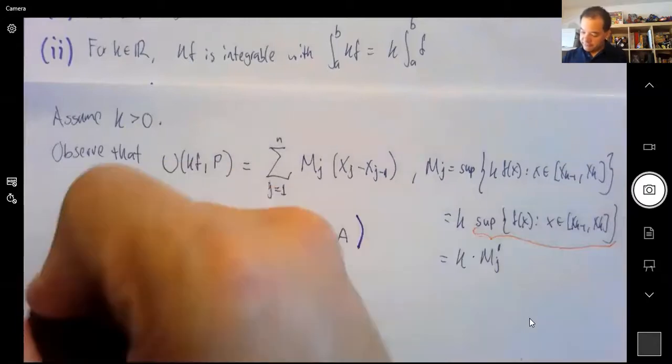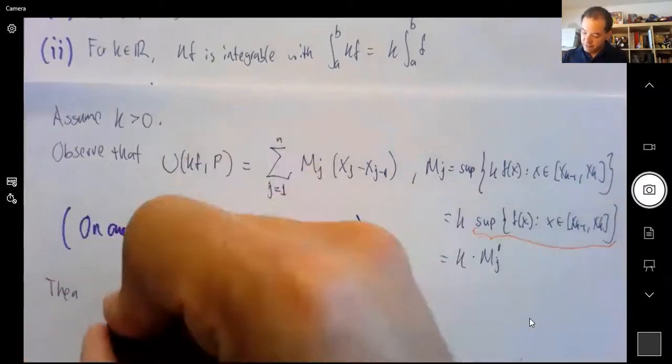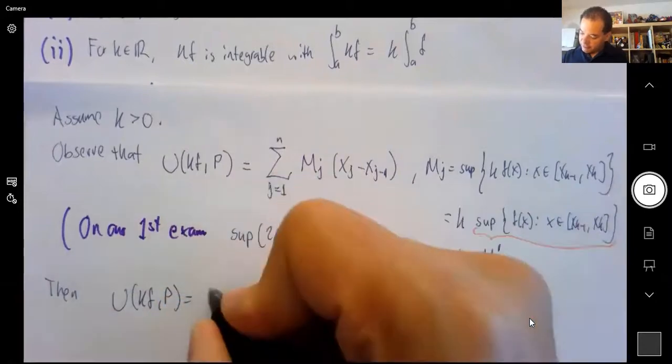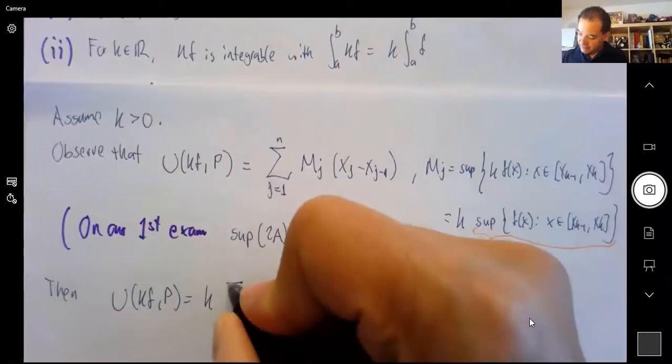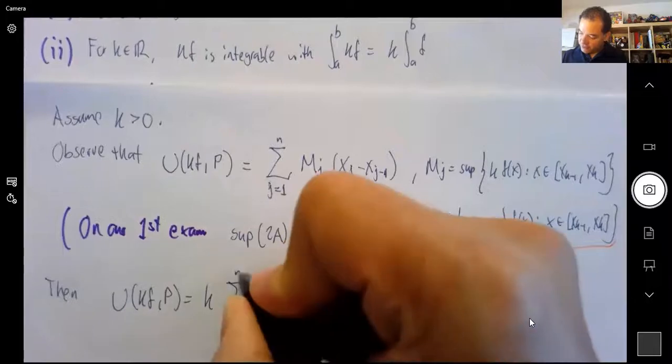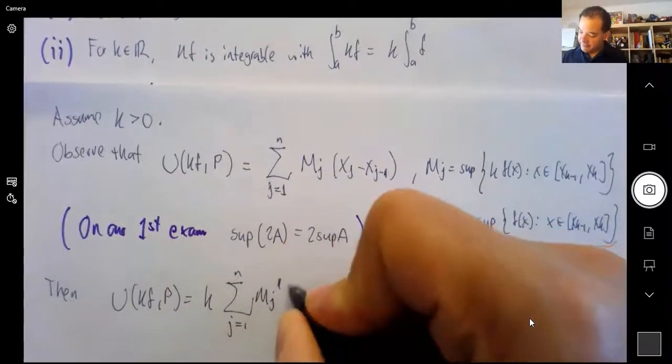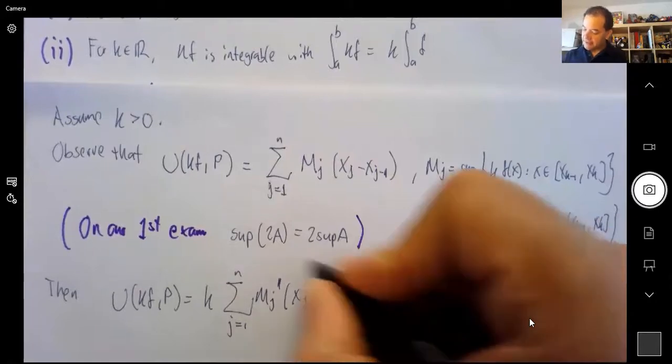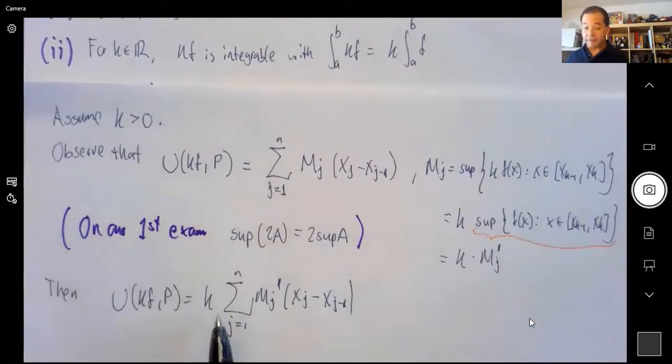So then this upper sum becomes k times this other upper sum. This other upper sum is exactly the upper sum for just the function f.